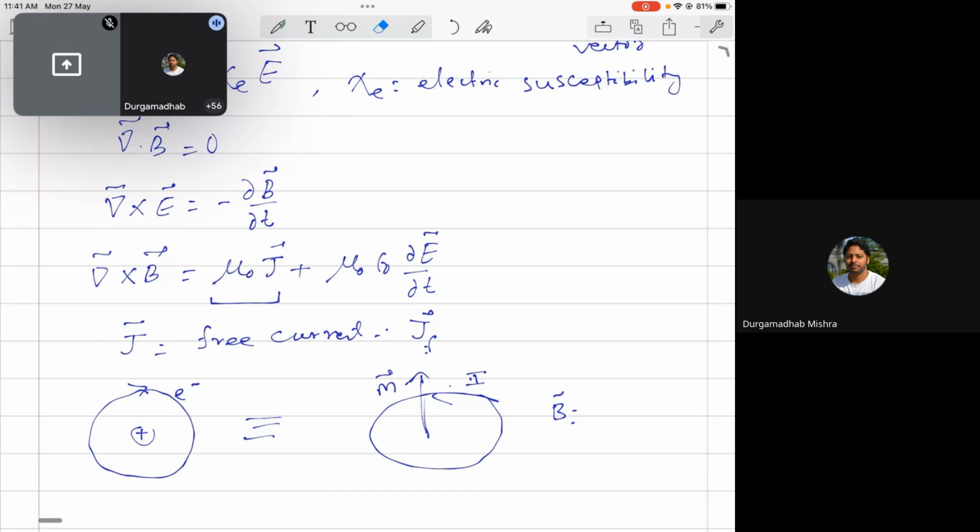Where M is equal to I into A, and this dipole moment is due to the induced magnetic field within the material, and that also corresponds to a current which we called a displacement current.